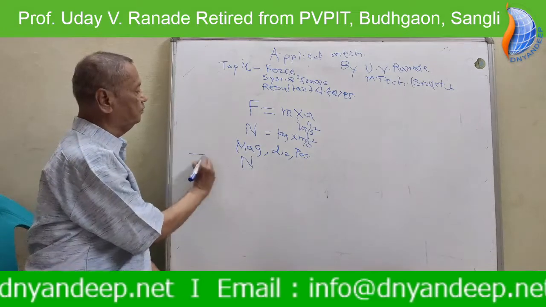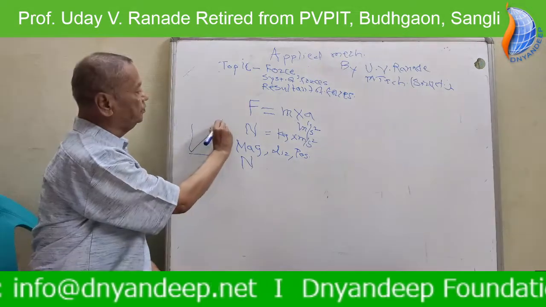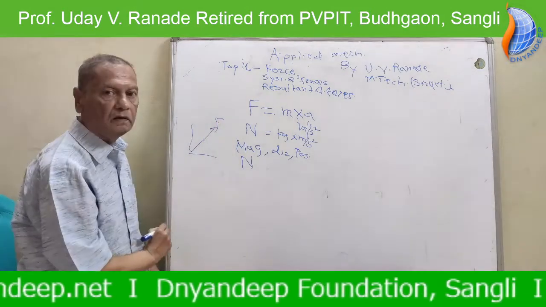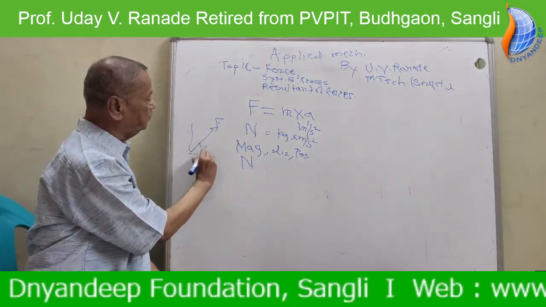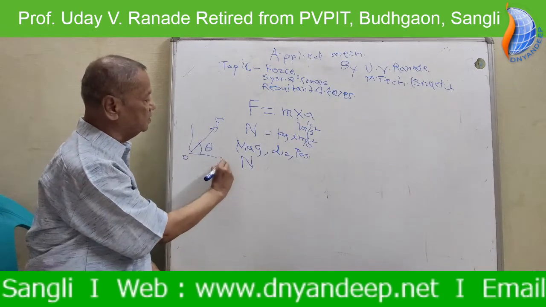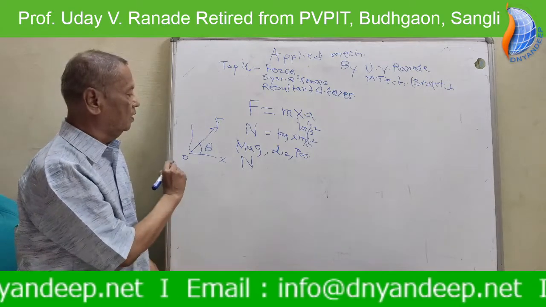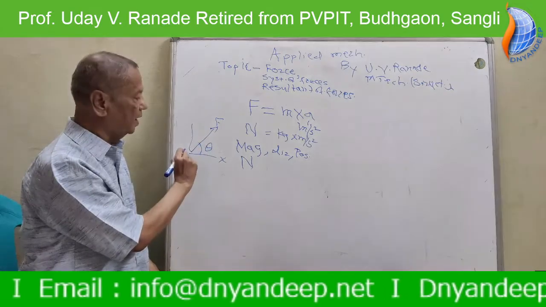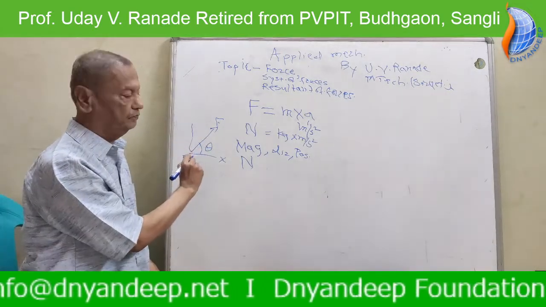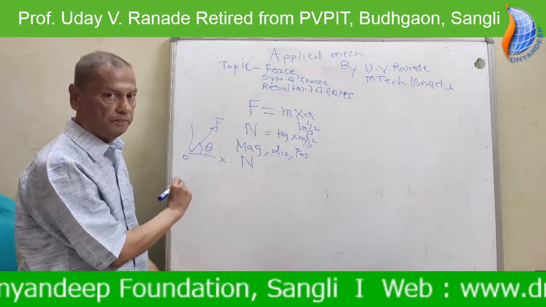Direction. Suppose force is acting like this. It is making angle theta with point O and x-axis. Then direction is force acting at an angle theta about x-axis or with x-axis.